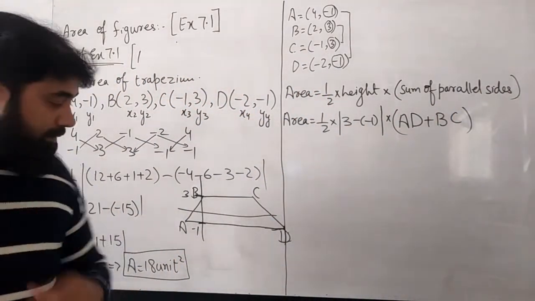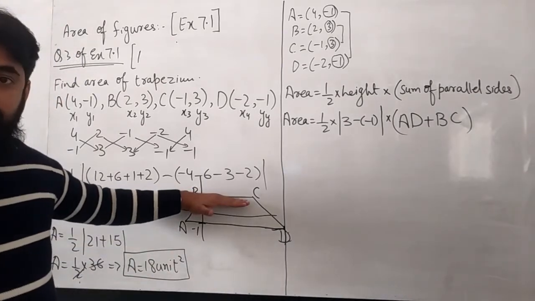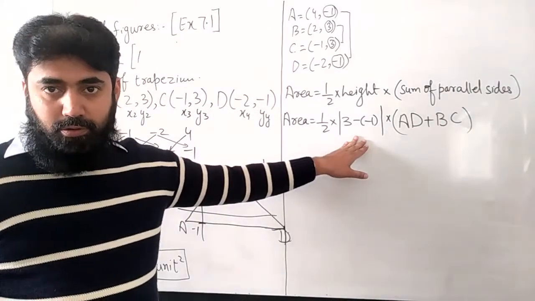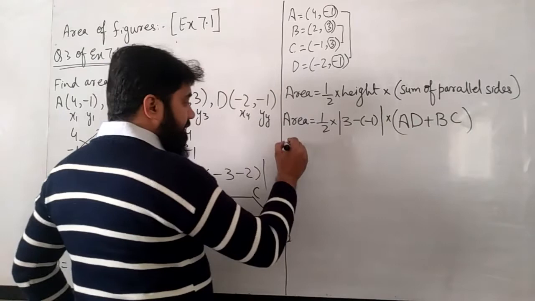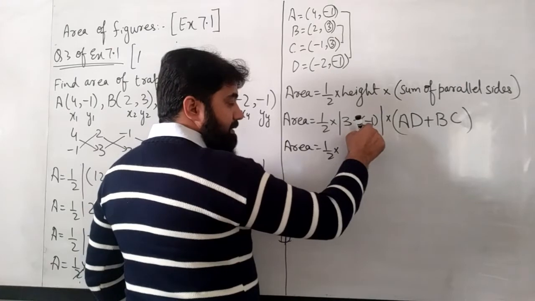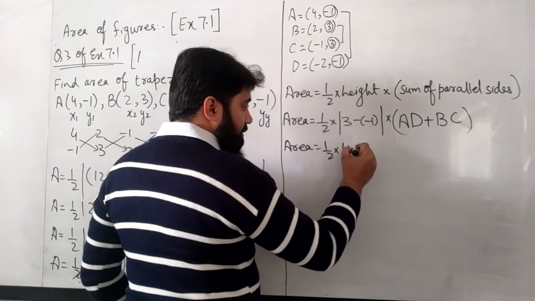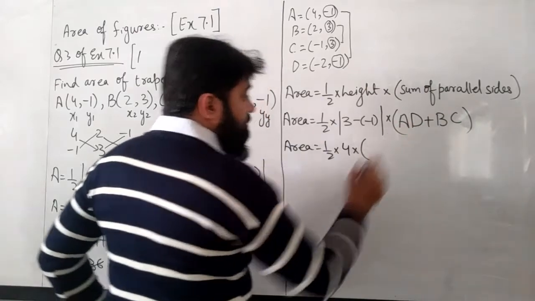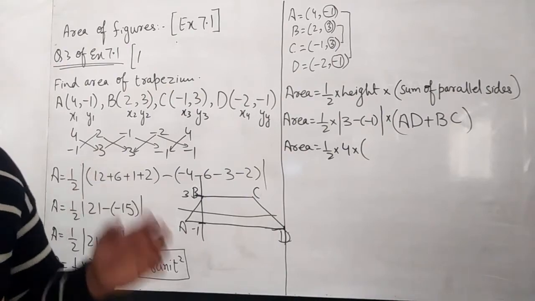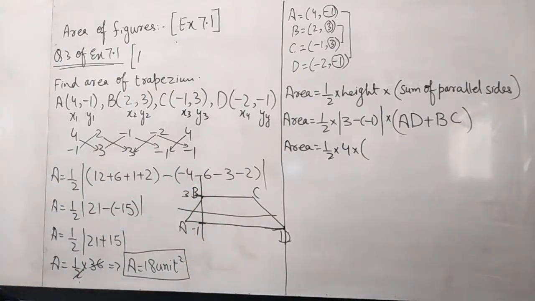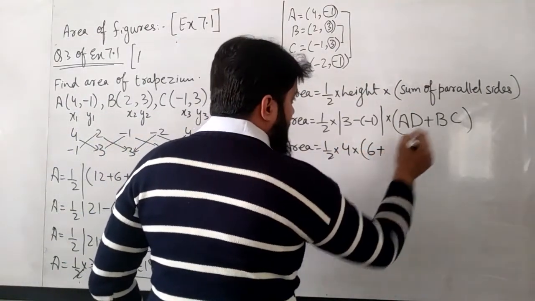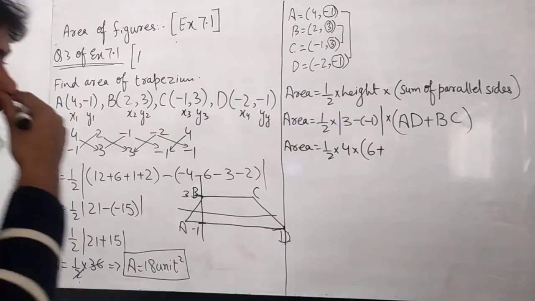What do I have then? Highest repeated value minus lowest repeated value, that I have written over here. So now, area of trapezium is half into (3 plus 1, which is 4) multiplied by the sum of AD and BC, which you find by using the distance formula. I am directly telling you the answer: AD is coming 6 and BC is coming 3.